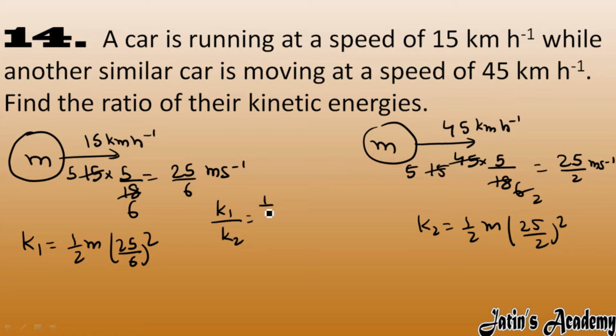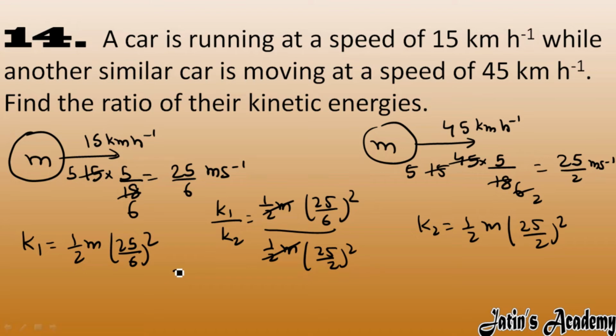Half m, 25 by 6 square, over half m, 25 by 2 square. So half m cancels out. So here we got 25 square over 6 square divided by 25 square over 2 square.